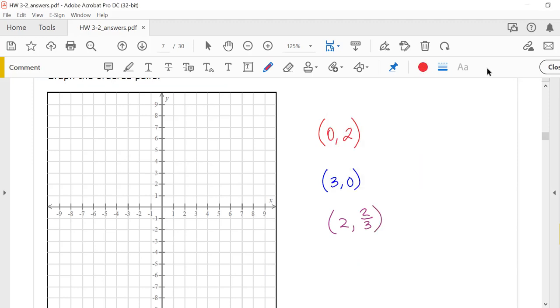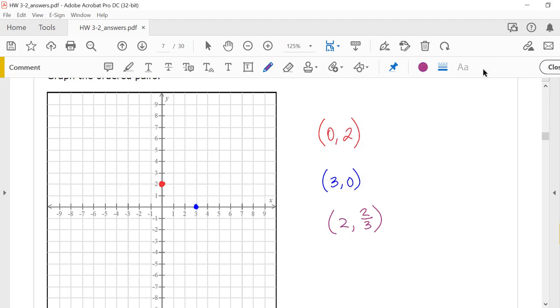Okay, I have the point 0, 2. In the x direction, I go 0, and then in the y direction, I go 2. So here's that point. For 3, 0, in the x direction, I'm going to go 3, and then in the y direction, I'm going to go 0. So here's this point.